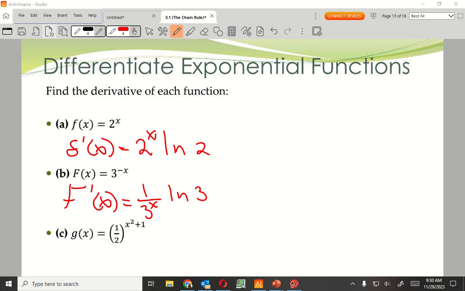And usually, in the text, they don't like negative exponents either. So they rewrote that. Yeah, same thing.